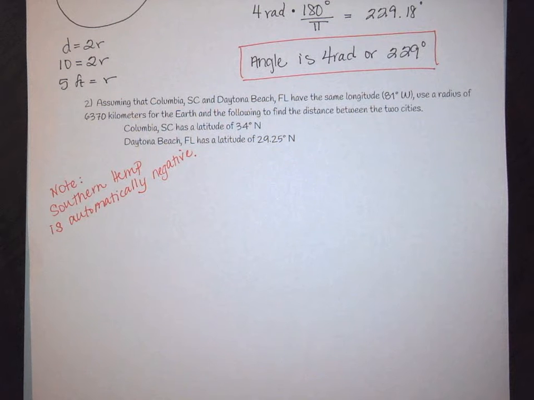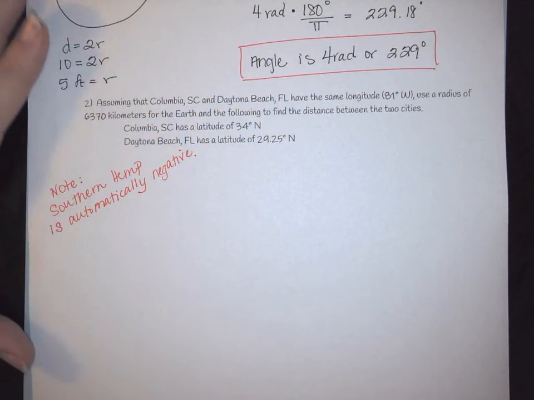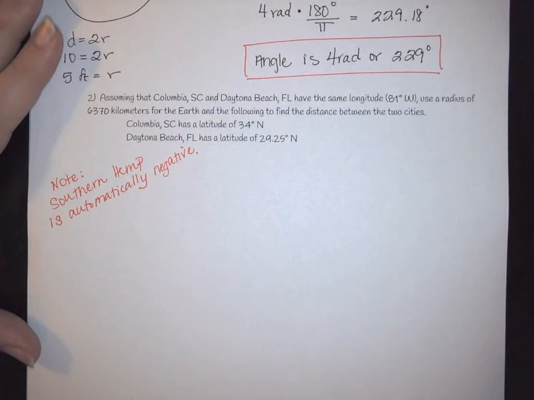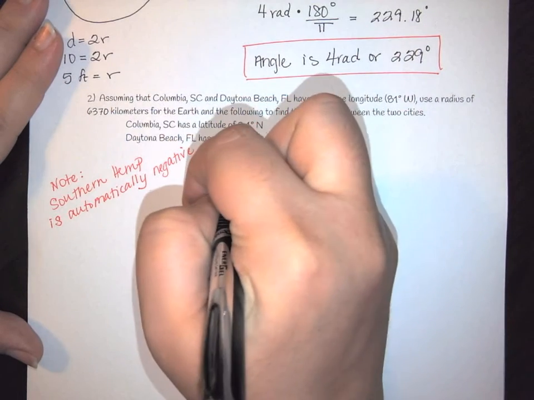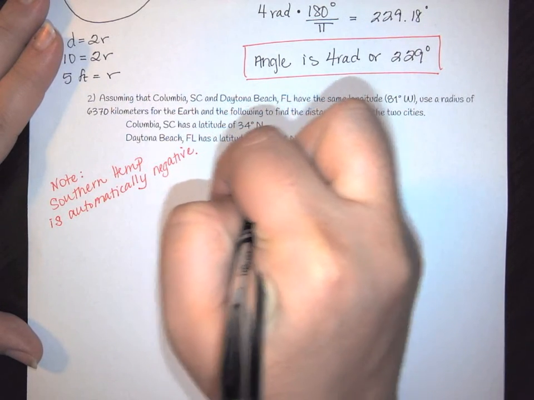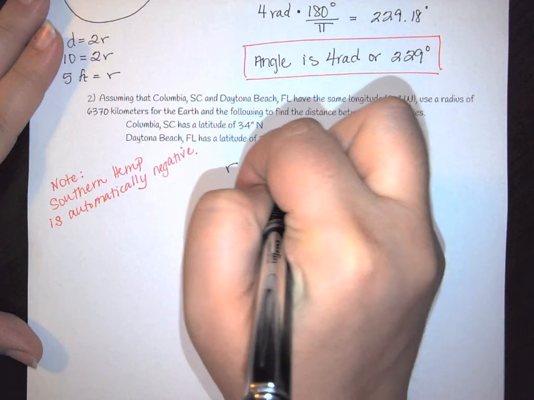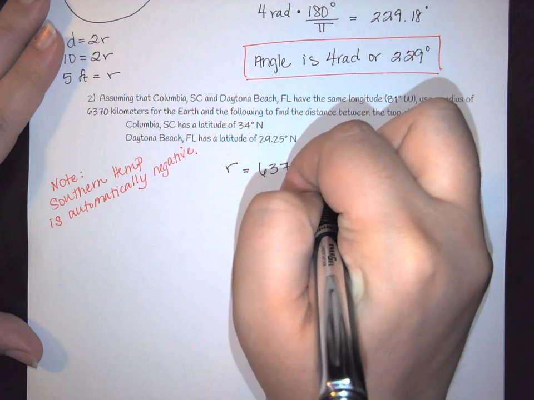So when we're dealing with that southern hemisphere, we are automatically assuming or working with negative numbers. So we need to look at what actually do we know. Well, first of all, we know our radius, and that's going to be 6,370 kilometers.